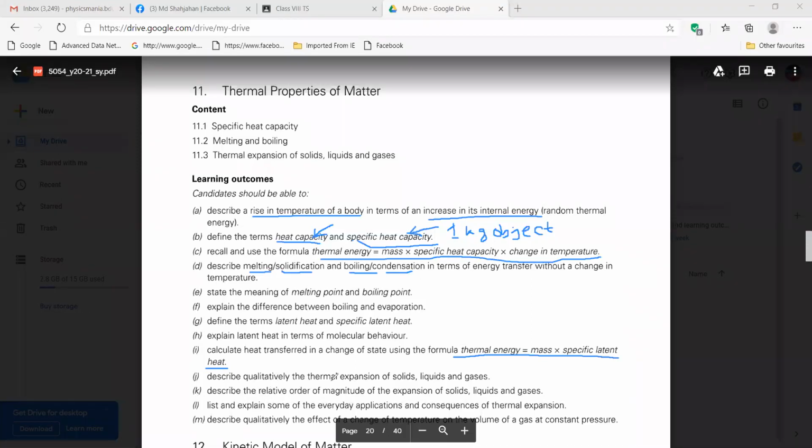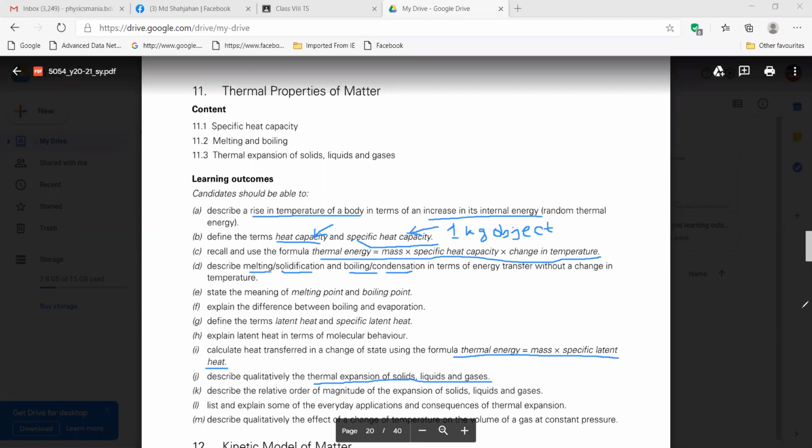Then you got some description about thermal expansion in solids, liquids, and gases, right? I gave you some examples. Yes, sir. In solids, I gave you the example of a railway track.